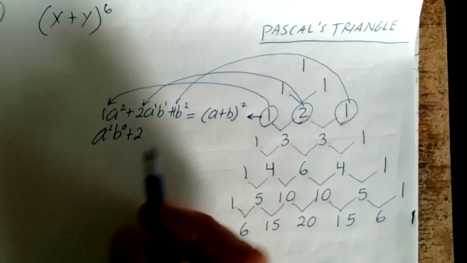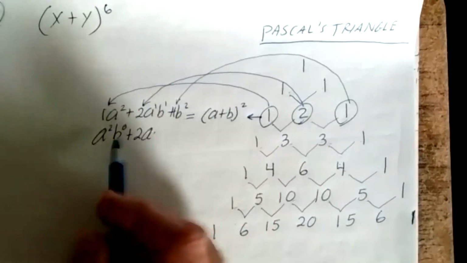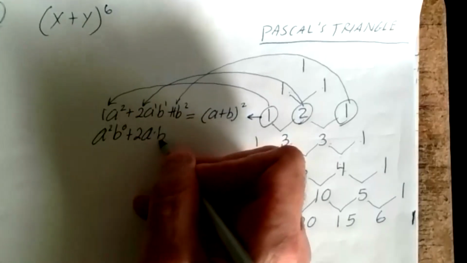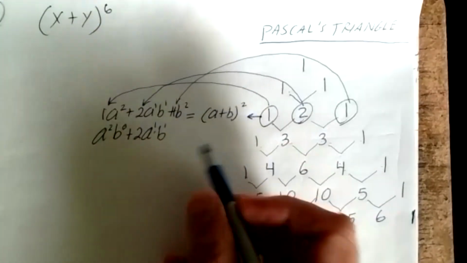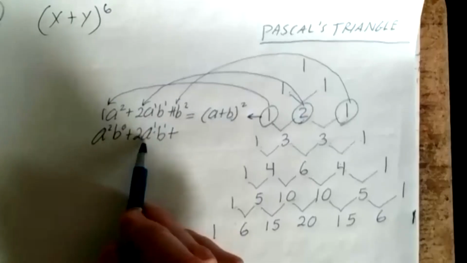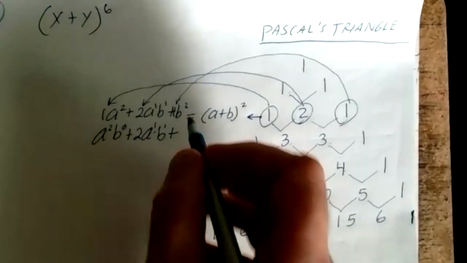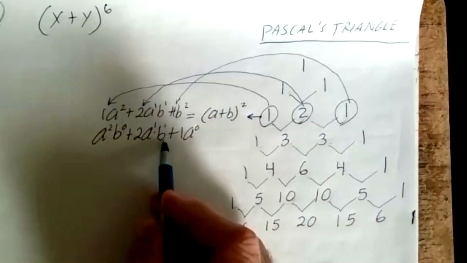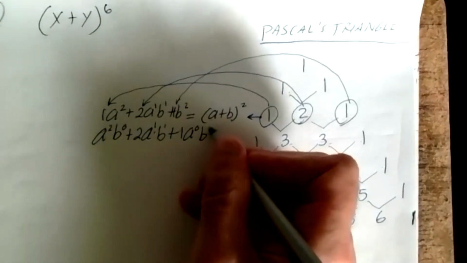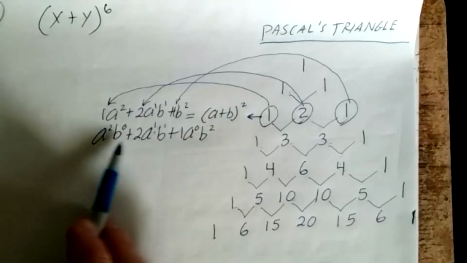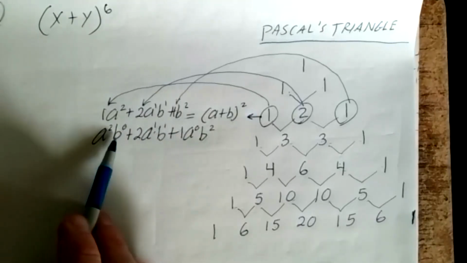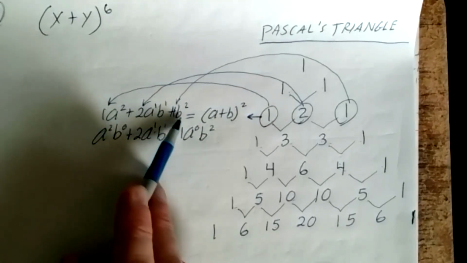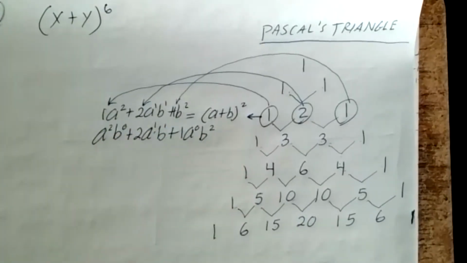So a to the second power decreases down to a to the first power. b to the 0th power increases by 1 to b to the first power. Now a's power decreases down to a to the 0th power, and b's power increases to b to the second power. And so you can see that we do get back a squared plus 2ab plus b squared. All right.